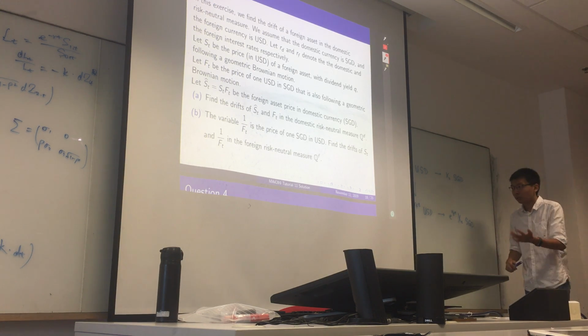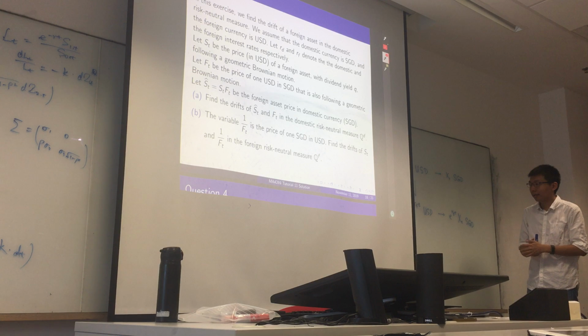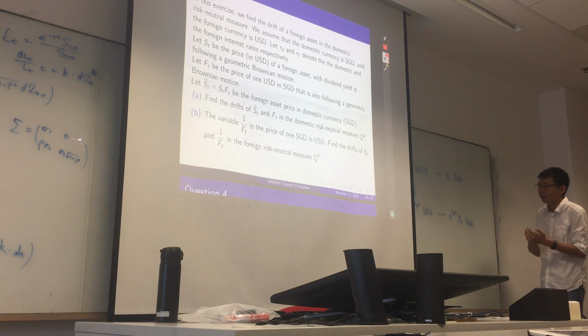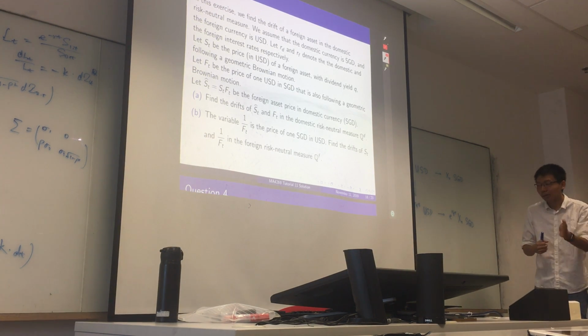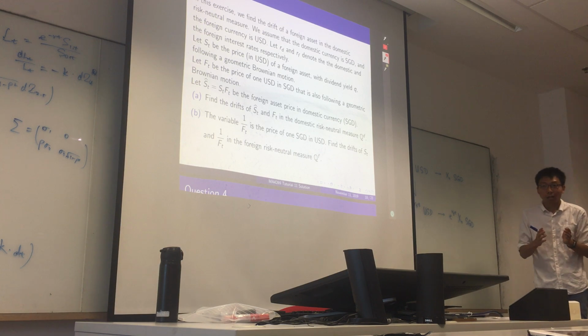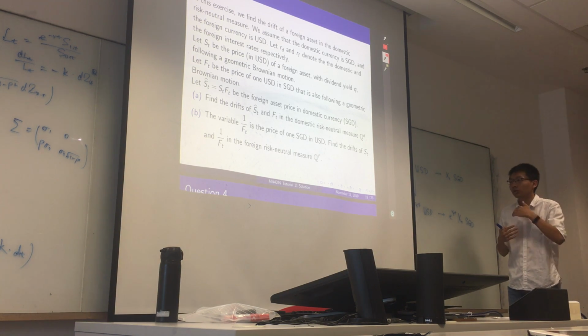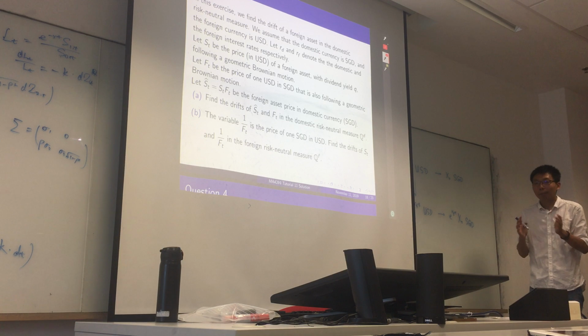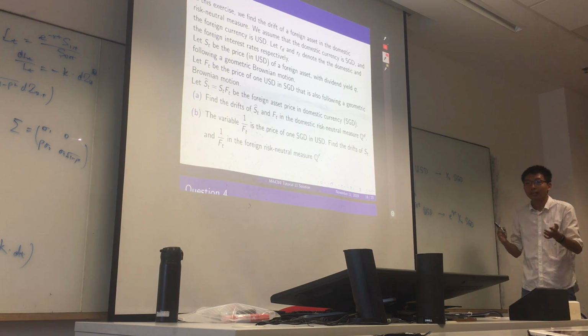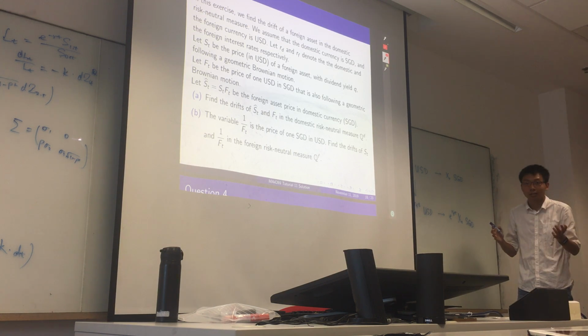So how do we think of this US dollar? In economics, a currency and an asset are quite different. But in our context, when we do financial math, they are basically the same. Currency is just another type of asset, just another type of stock.